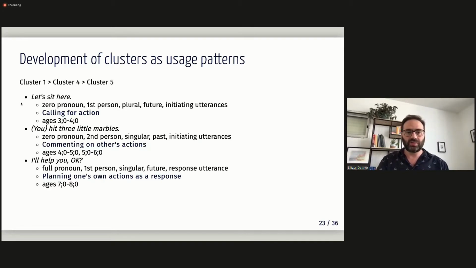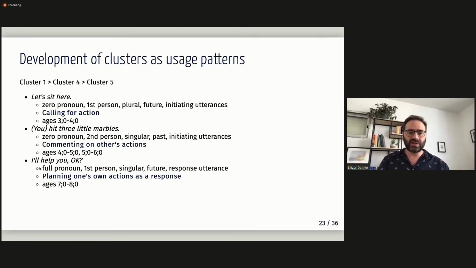So this is a form-function correlation that we found, and it is mostly used in the ages of 3 to 4. Next, we have you hit 3 little marbles, the cluster 4, which is zero pronoun again, but now it's second person, singular past, initiating utterances again, and this cluster is used to comment on the other's action, and this is used mainly in the ages of 4 to 6.